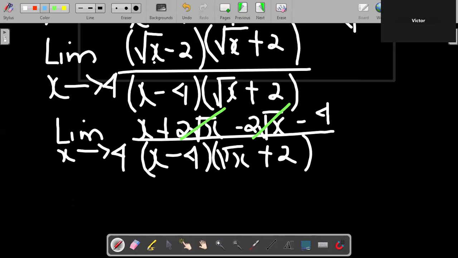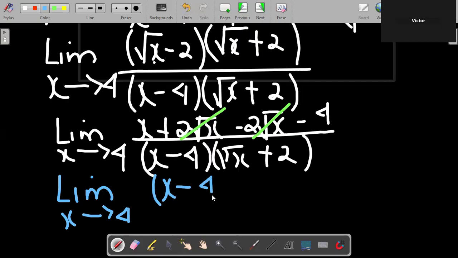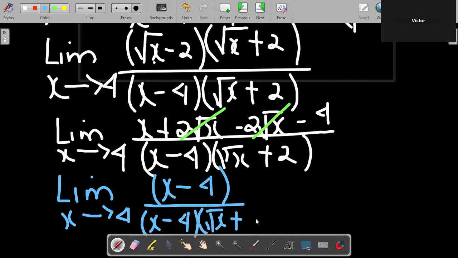So what am I having left? I'm having the limit as x tends to 4 of x minus 4 on the numerator over x minus 4 bracket root x plus 2. So you can see x minus 4 will cancel x minus 4.